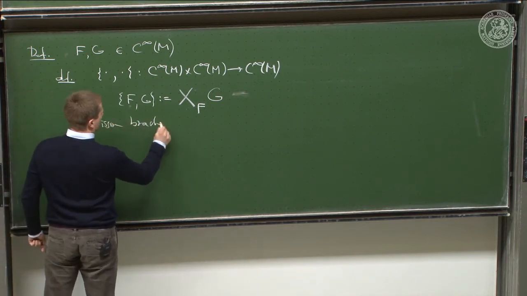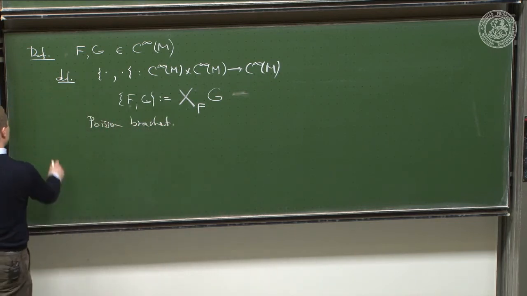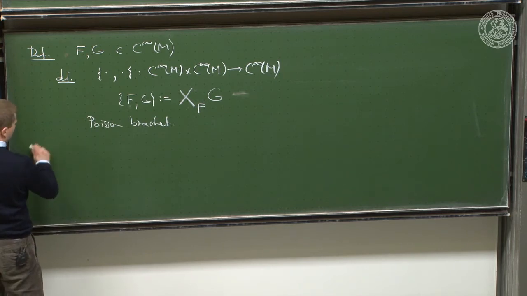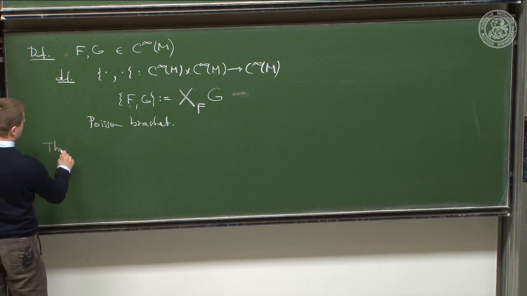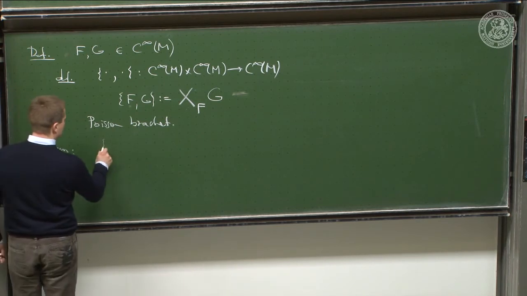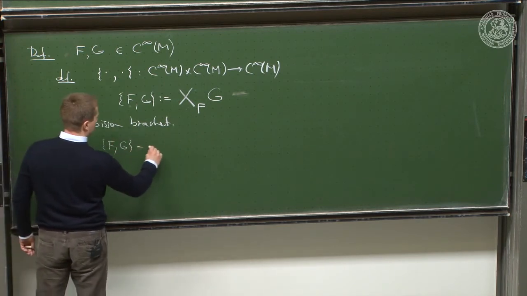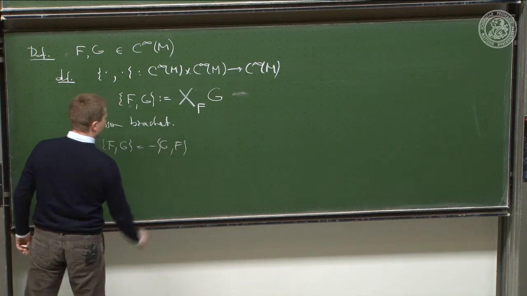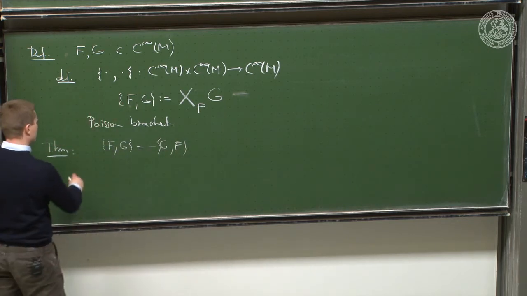Poisson bracket. And the properties, well, theorem, but it's not much of a theorem. The properties are that {f,g} is minus {g,f} because of the omega symmetries.